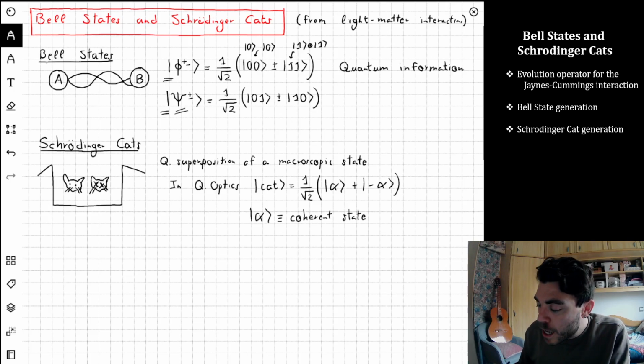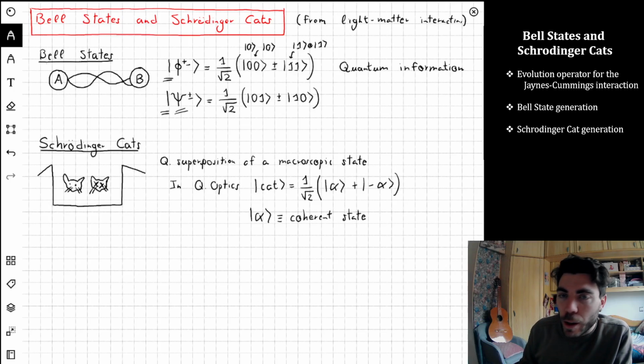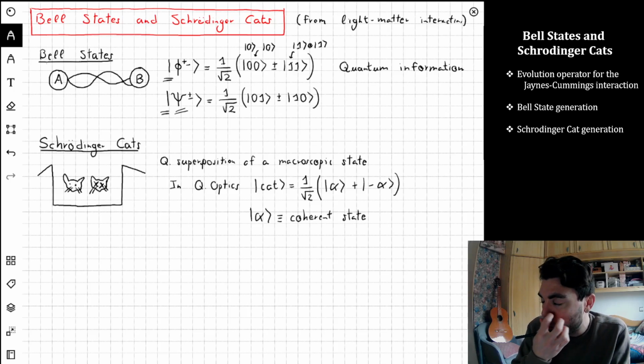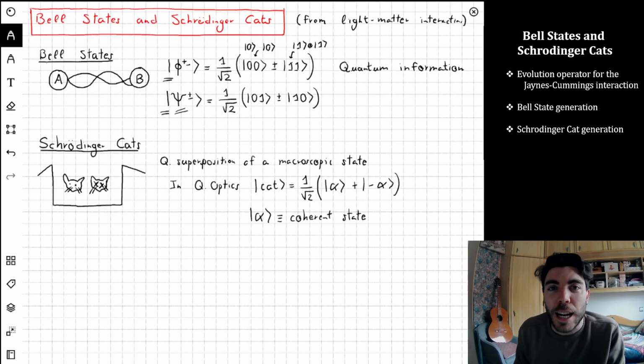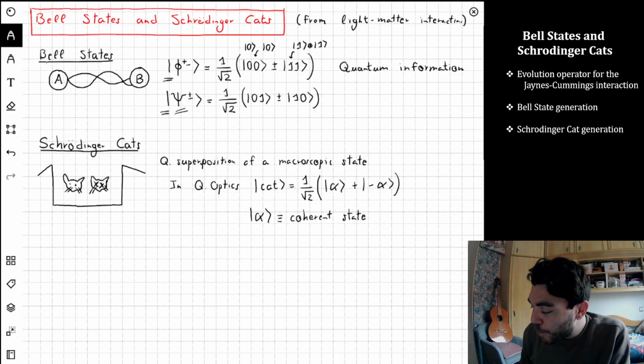For example, if you put a cat, which is a macroscopic object, in a box with a certain quantum process that can be in a superposition of states, and this process is related to the cat being alive or dead, then the cat can be in a quantum superposition of being dead or alive, so you could have a cat that is dead and alive at the same time, quote unquote, which is absurd, but this is the way it is.